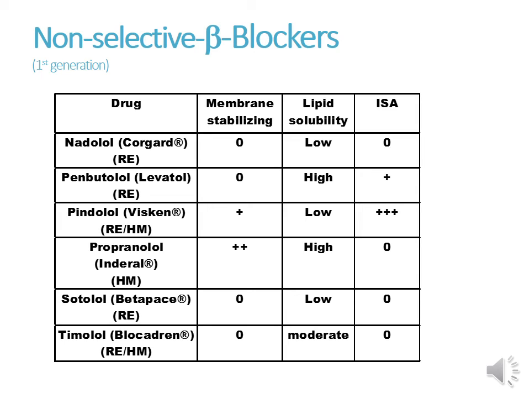If you notice here, the first generation non-selective beta blockers, most of them have that N through Z categorization. Things to note here, the lipid solubility I would make note of, especially if it's very high, because those are drugs that are more likely to cause CNS effects. You guys have heard of the Beers list? No? The Beers list is a list of drugs that you shouldn't give to old people because they have increased risk of some pretty nasty side effects.